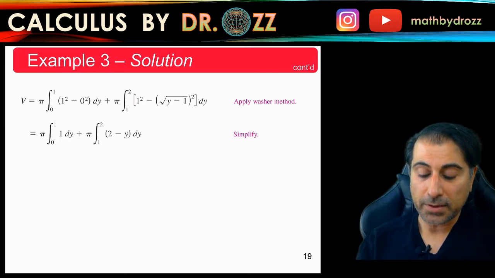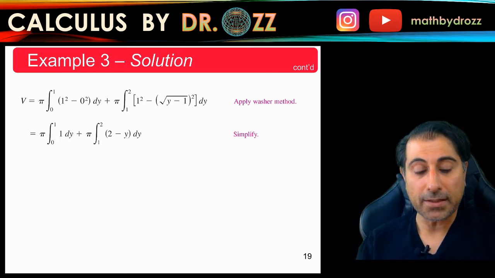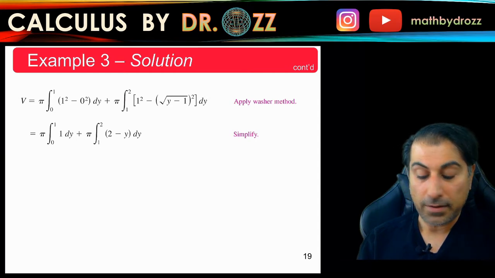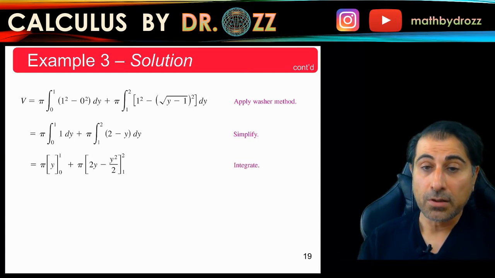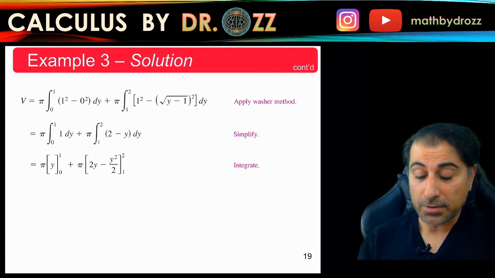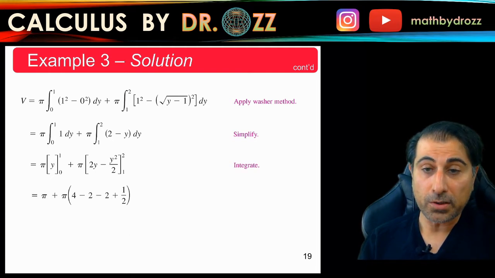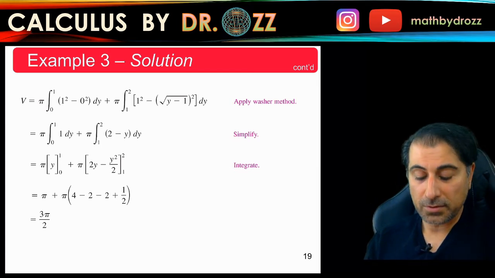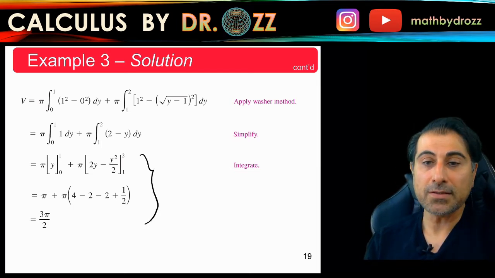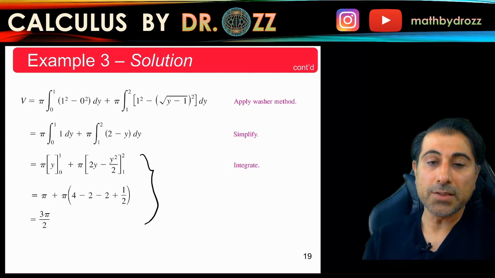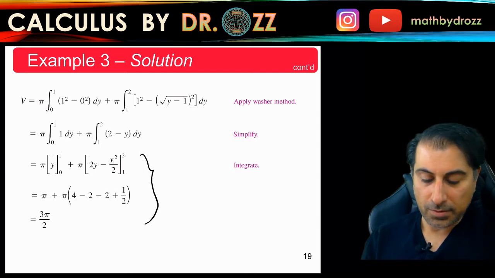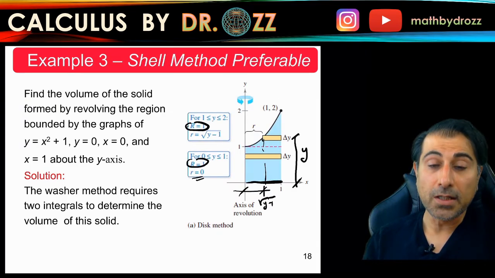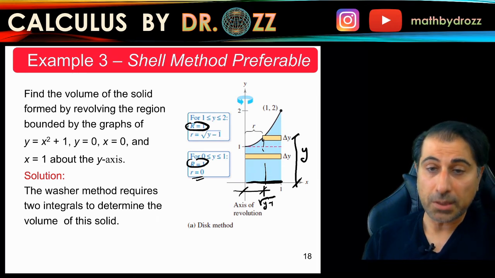The first one is 1 times dy, and the other one is 2 minus y. And obviously integrate each integral and substitute the upper and lower limits to come up with the volume 3 pi over 2. This is a good exercise for you to practice crunching the numbers. But this is us using the washer method to come up with the volume.